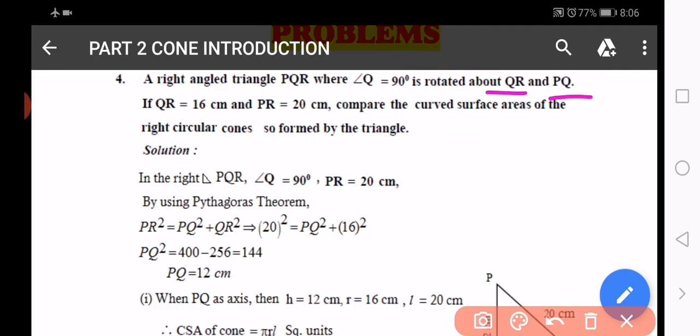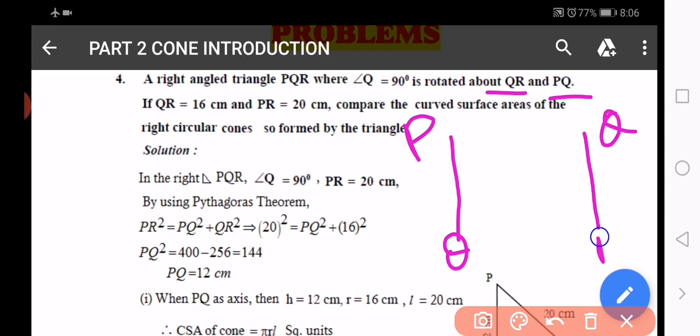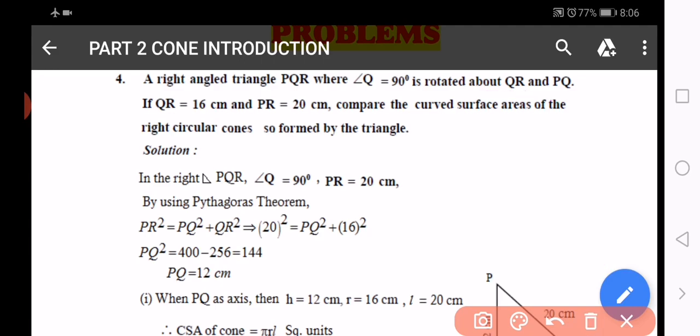The first one, PQ is the axis and the second one, QR is the axis. Now in the right angle triangle PQR, two sides are given, QR and PR. Then PQ is not given, so we are going to find PQ.